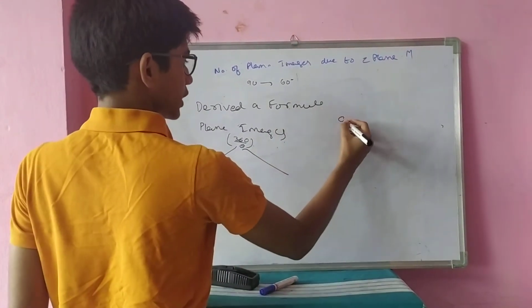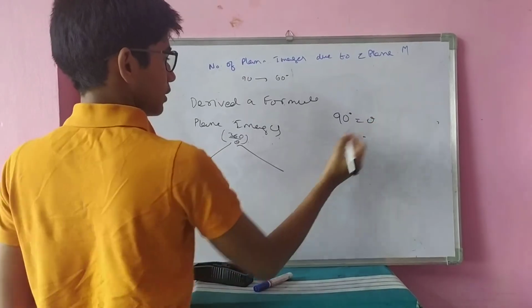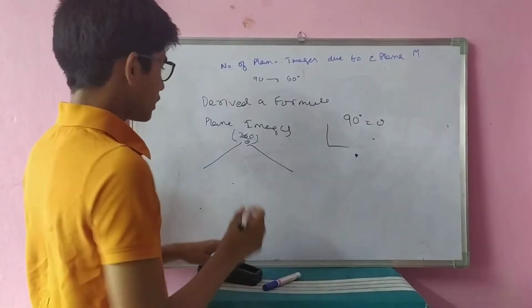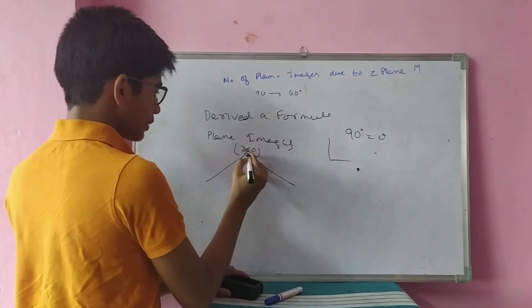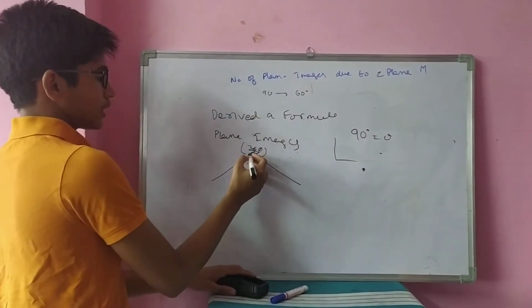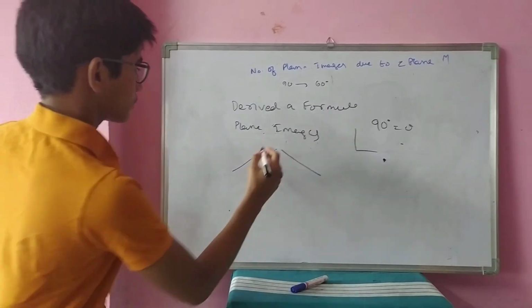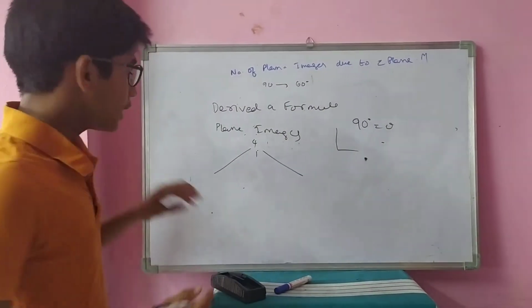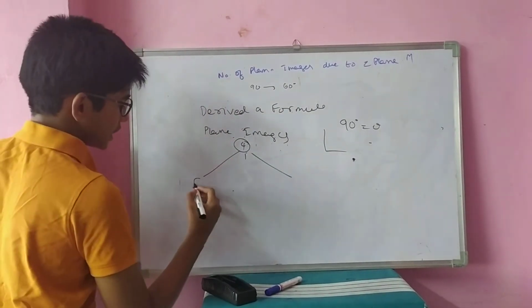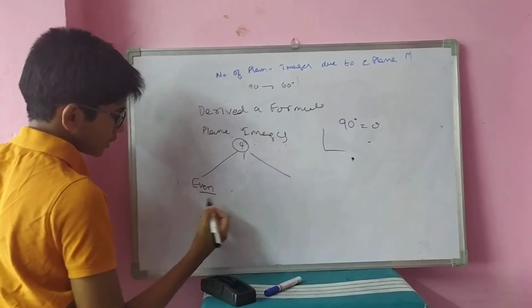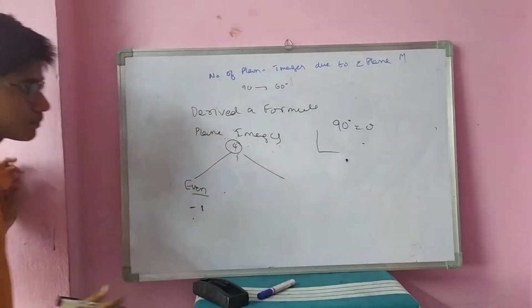If I consider 90 degrees as theta, in the sense the plane mirrors are like this. Theta means 90. 360 by 90, the 0s get cancelled, 9 fours are 36, so I am getting the value as 4. If I get this number as even, you have to do minus 1.